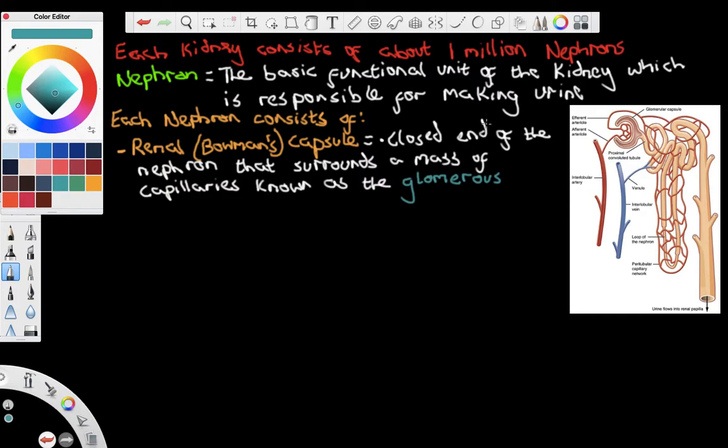Okay. The inner layer of this Bowman's capsule is made up of specialized cells known as podocytes.